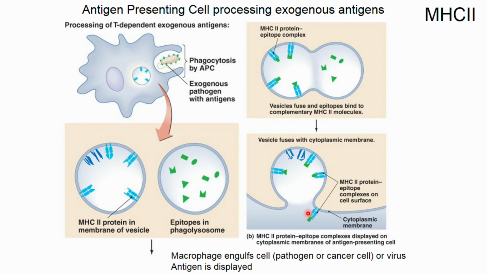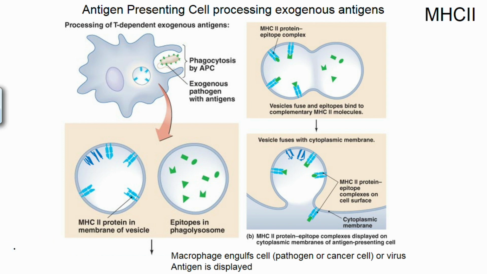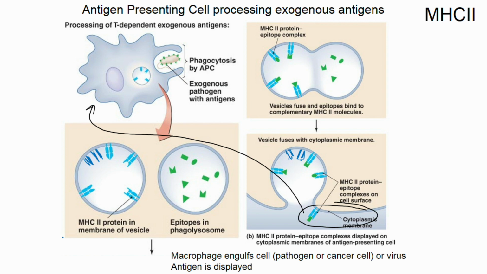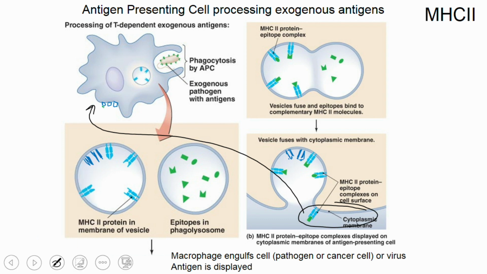So once this is displayed, it is now saying, hey, an antigen-presenting cell has just engulfed something, and now I am presenting it on the outside, and this is from a pathogen. So it is now alerting the immune system. To be consistent with the previous slide, if we look at that surface, we've got MHC2s on the outside, and they've got their epitopes, their antigens, on the outside.